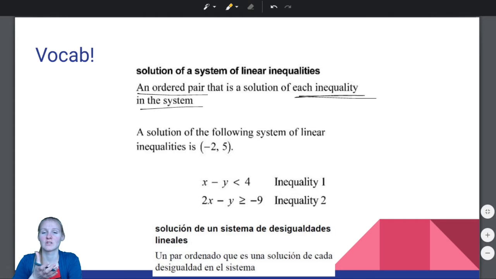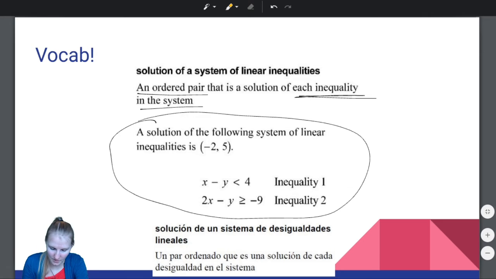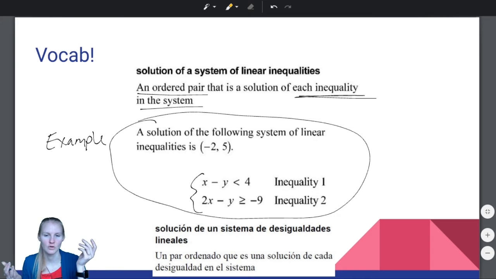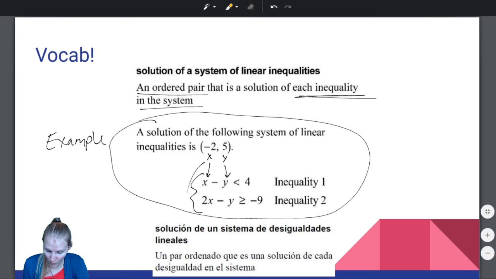So the solution of a system of linear inequalities is very similar to a solution of a system of linear equations. So for example, this is an example right here. A solution of the following system of linear inequalities is -2, 5. So if I plugged in -2 for x and 5 for y in both of these inequalities, I would get true inequalities. I would get true statements.